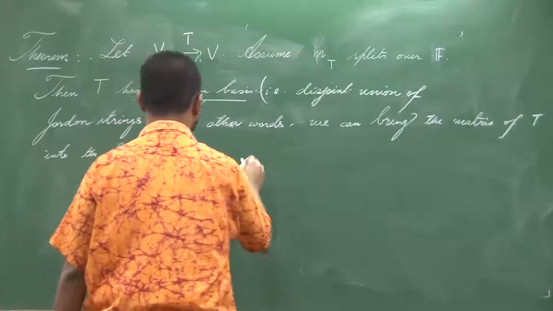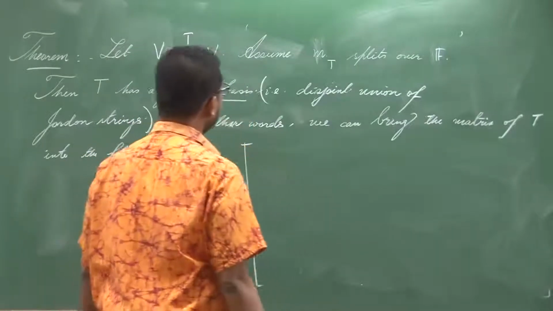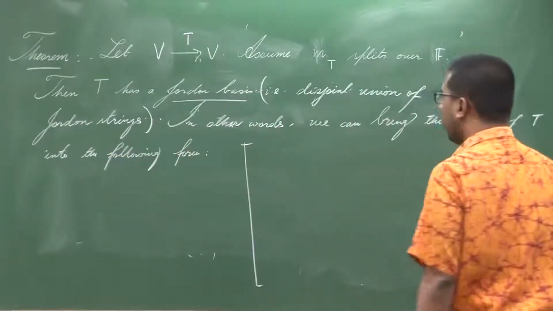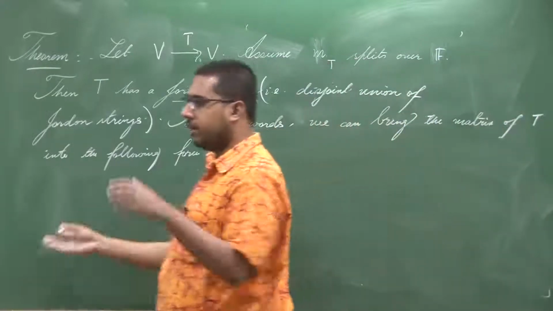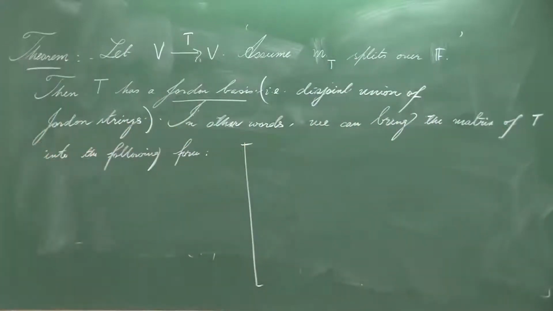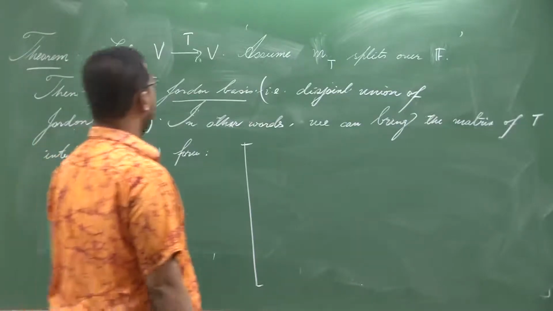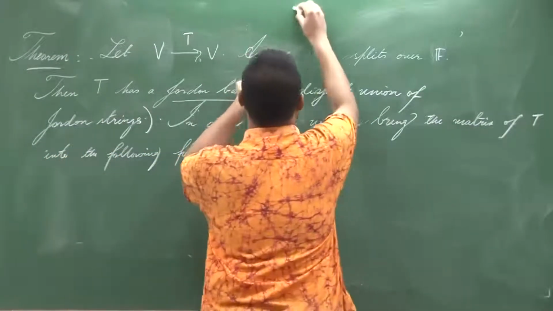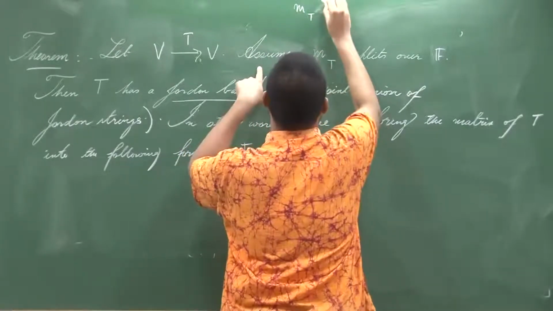What is the form? So, first, we will club the Jordan strings corresponding to the same eigenvalue together.